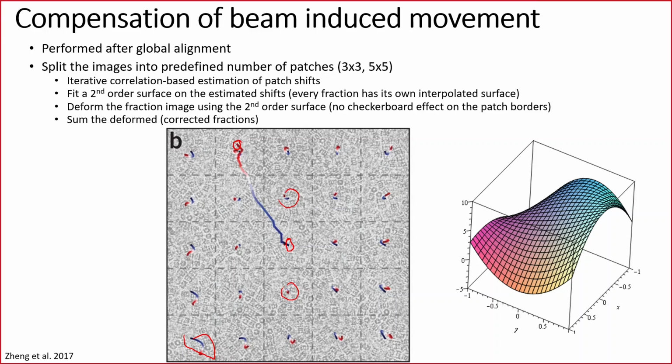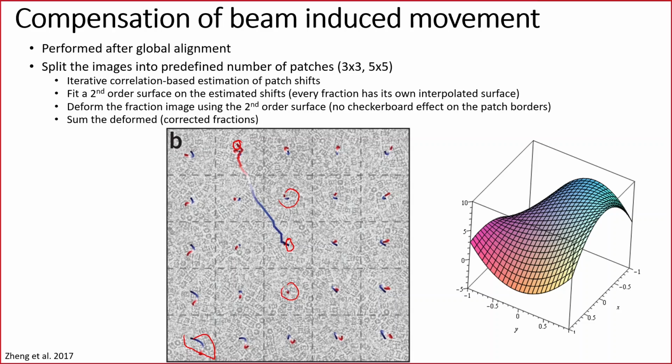And when we know how these patches are relatively moving in between each other, we can correct for this. We can do just a very easy shift of the patch, so that this local region will be shifted in the direction where it's following the beam-induced motion.